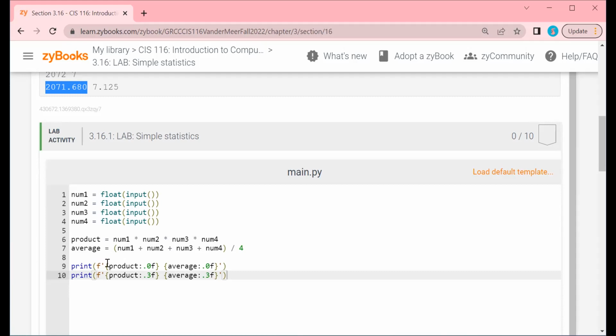And then print here, we're formatting it as a whole number. And then here we have to do that too. We have to say 0.0f, so don't put any to the right of the 0. We have to do that because they're floats. If the numbers that we entered were integers, then it would be okay.